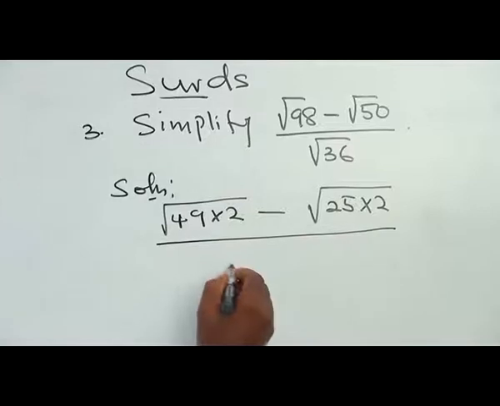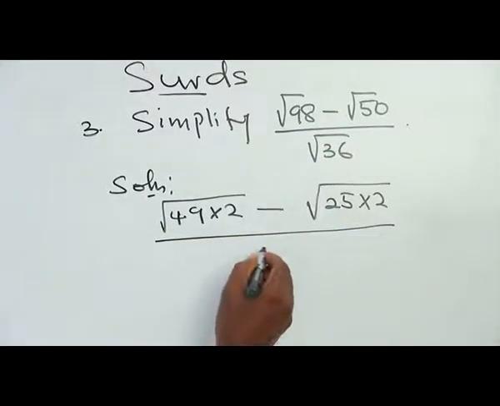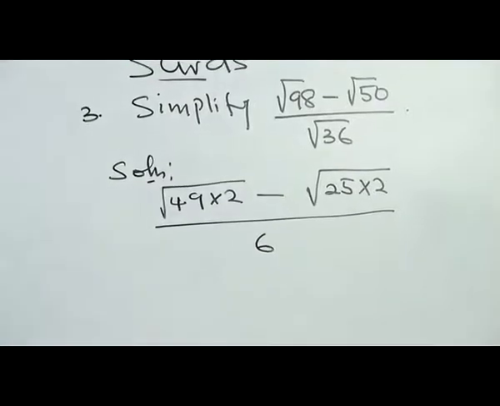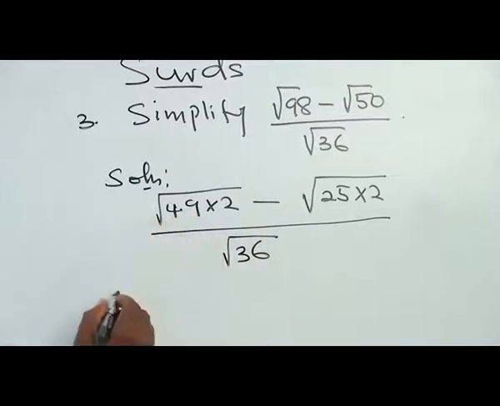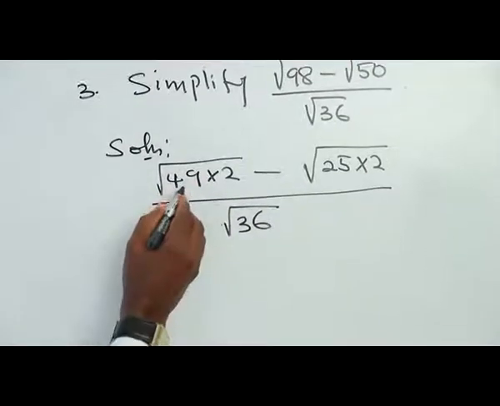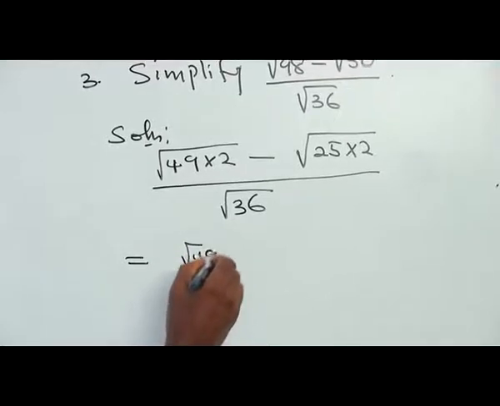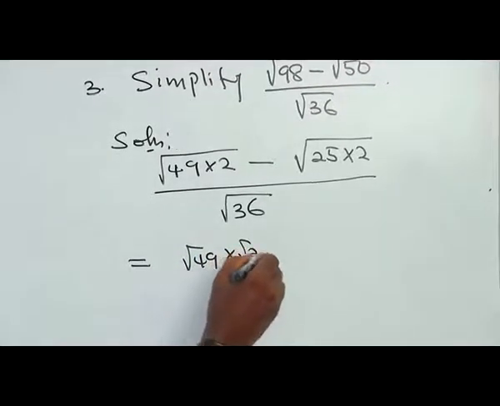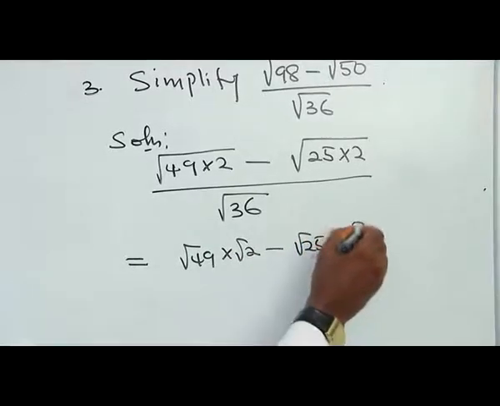And then 36, we know that one is already a perfect square, so that value there will be 6. Okay, let us still leave it as root 36. Now, simplifying further, remember the rules of surds. This becomes root 49 times root 2 minus root 25 times root 2.